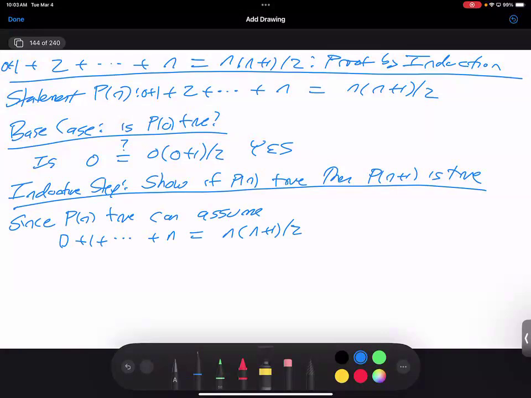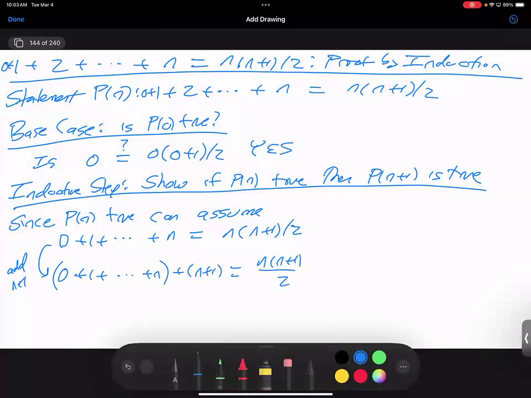We want to show that this implies Pn plus 1 is true. What would be a good thing to add to both sides? n plus 1. So add n plus 1, and we would get 0 plus 1 plus dot dot dot plus n plus 1 equals n times n plus 1 over 2 plus n plus 1.